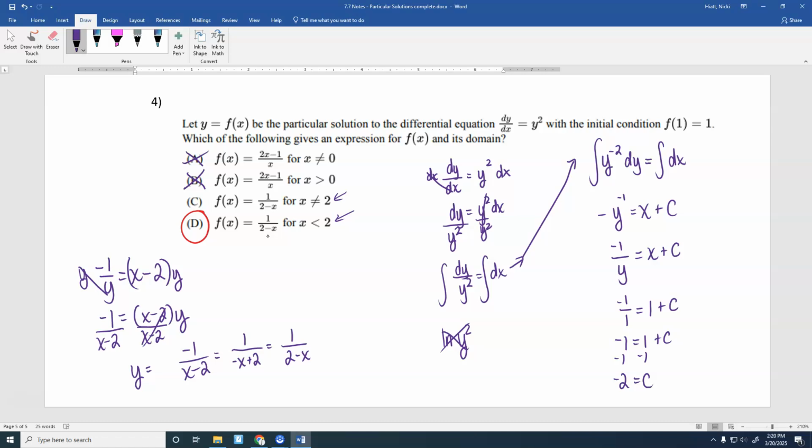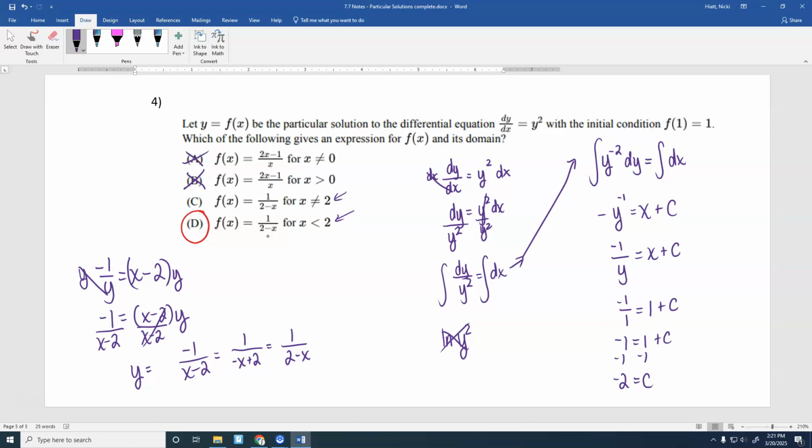When we're talking about differential equations, when you have a value that your x value cannot be, if you're thinking of a slope field, you're going to have an asymptote there on that slope field. It might be a slant asymptote, it might be horizontal, it might be vertical. It depends on what type of function you're looking at.